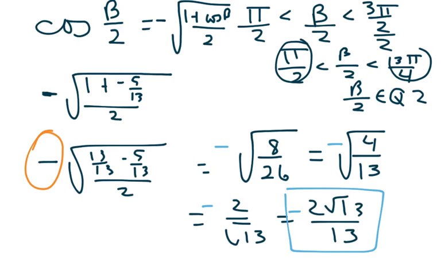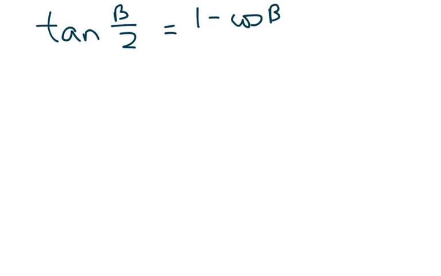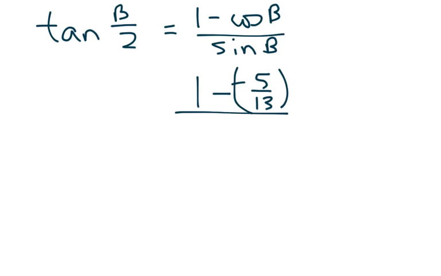For the last one, we've got to do tangent of beta over 2. That's going to be 1 minus cosine of beta over sine of beta. So I have 1 minus cosine of beta, which is negative 5 over 13. You can do that if you want. Over sine of beta, which is negative 12 over 13.